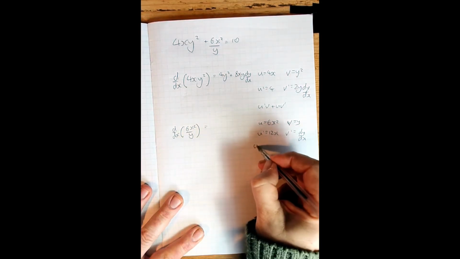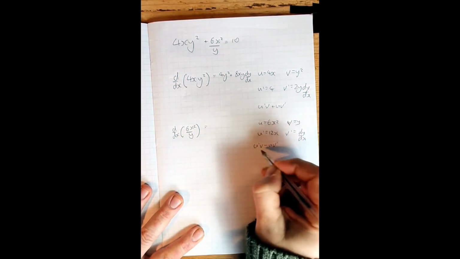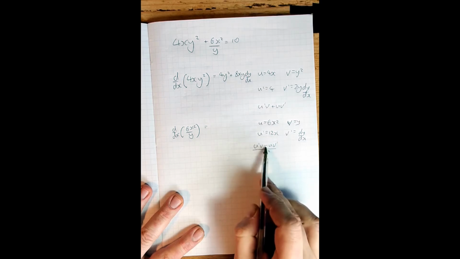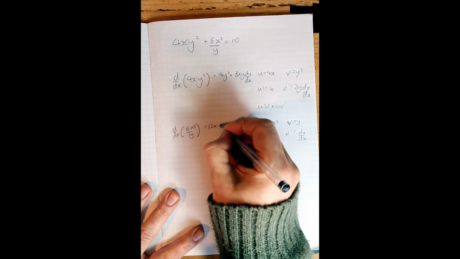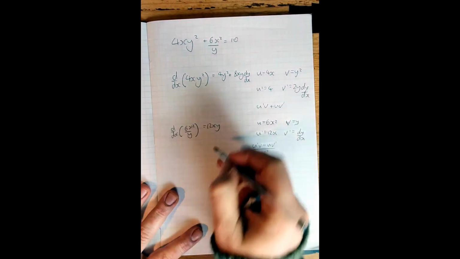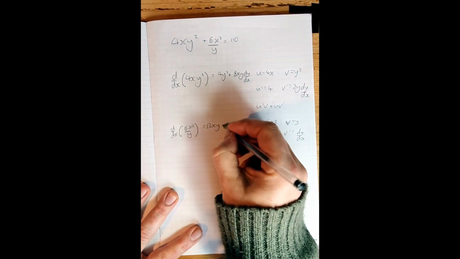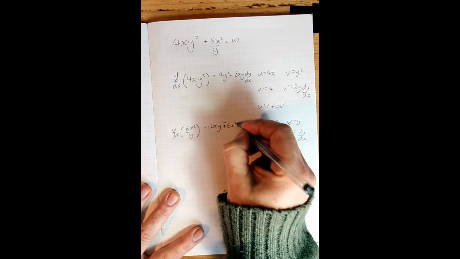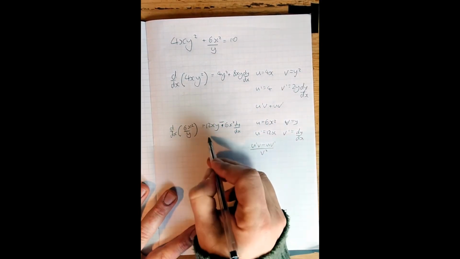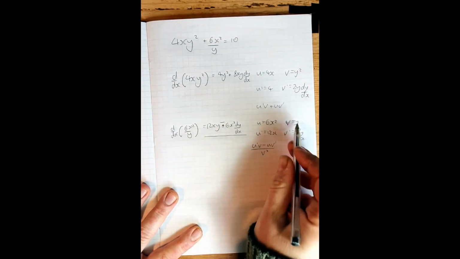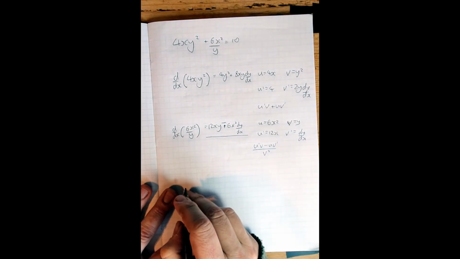And the quotient rule, u dash v minus uv dash over v squared. Remember we are given that. So u dash v, 12xy, uv dash, minus 6x squared dy dx, all over v squared, all over y squared.